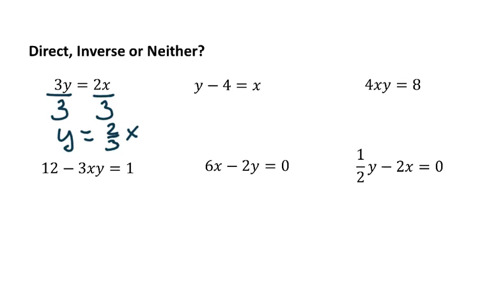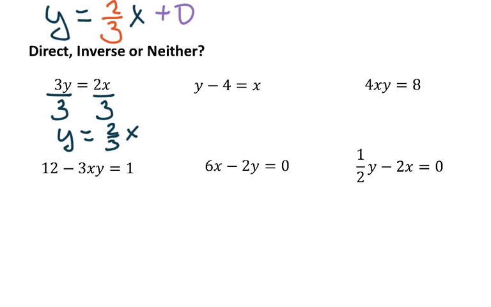So you can write that as a linear equation. I'm going to do it up here because I have room. Y is equal to my slope of 2/3 x plus 0.